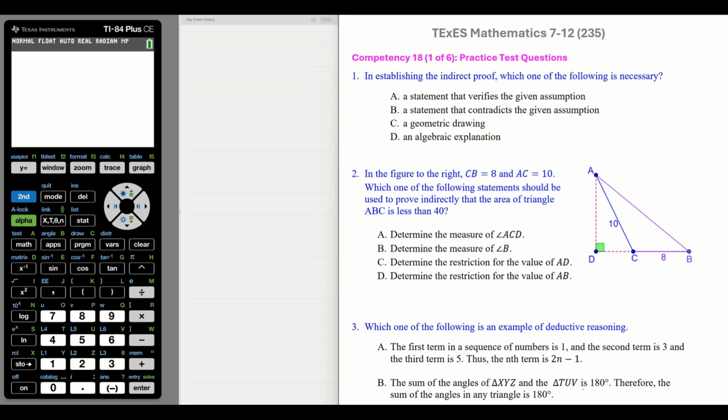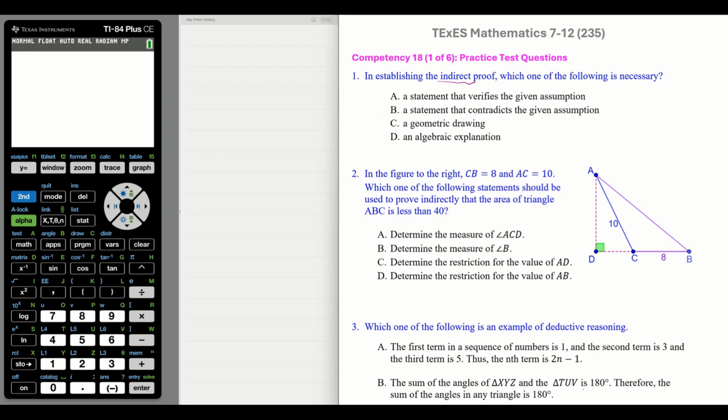Number 1. In establishing a direct proof, which one of the following is necessary? A direct proof, if you watch the other videos, we discussed an indirect proof usually starts, well, it does start with a contradiction or what something should not be.